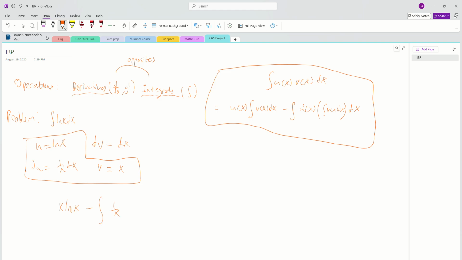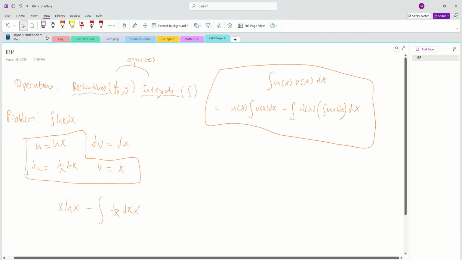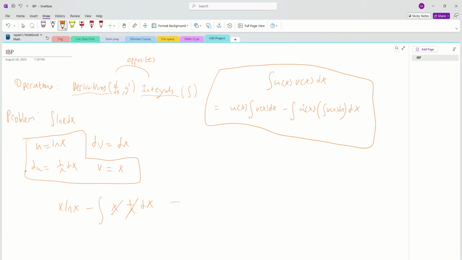That's the derivative, dx, and then the integral is x. So I should have written the x first there, x times 1 over x dx, like that. These are obviously going to cancel out. And we know that the integral of 1 is just x. Don't forget your plus c.